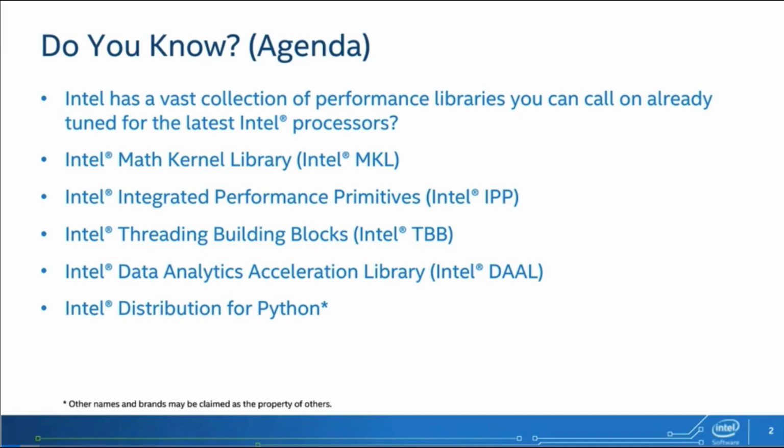Did you know that we have a vast collection of libraries that you can call on? The first one is the Math Kernel Library, which is heavily geared towards entire board optimizations. So what I mean by that is all the processors on the board, all the cores, and all the vector units.